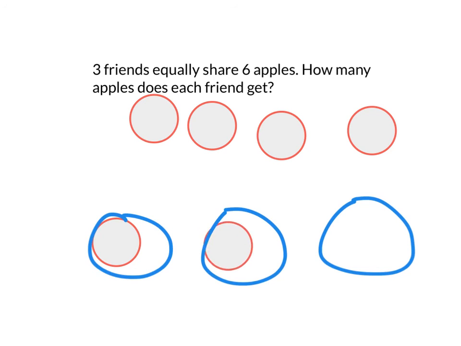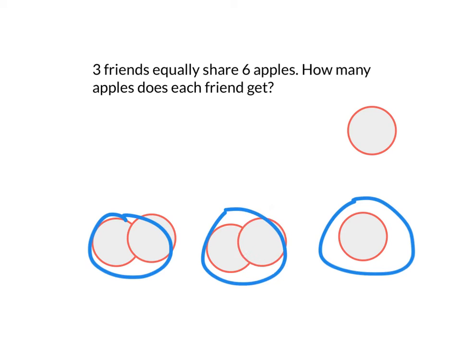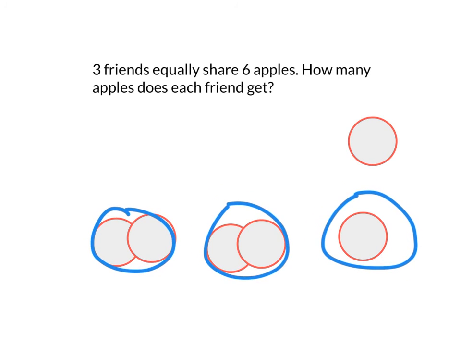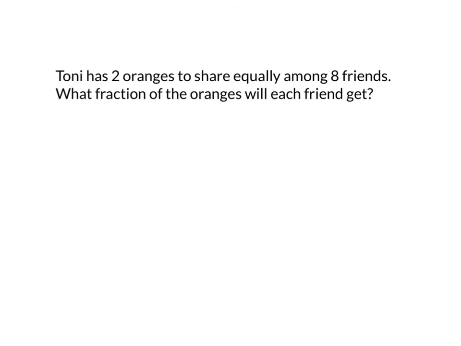Friend 1 gets that, friend 2, friend 3, friend 4, friend 5, or excuse me, this was friend 1, friend 2, friend 3. So each friend gets 2 apples. Okay? We have 2 more we're going to try.